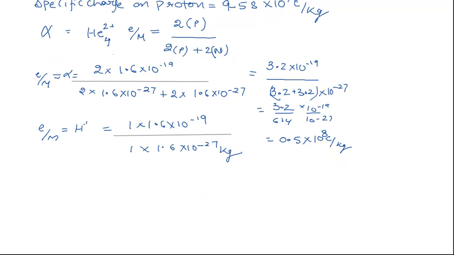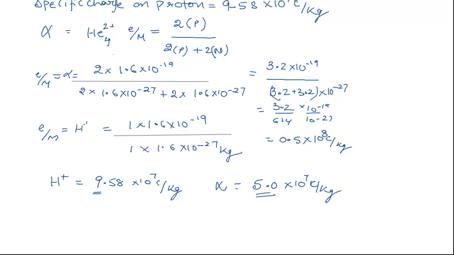So what was your proton's charge? Proton's specific charge is 9.58 into 10 to the power 7 coulombs per kg, and your alpha particle's specific charge is 5 point something, it would be approximately 5.0 into 10 to the power 7 coulombs per kg.